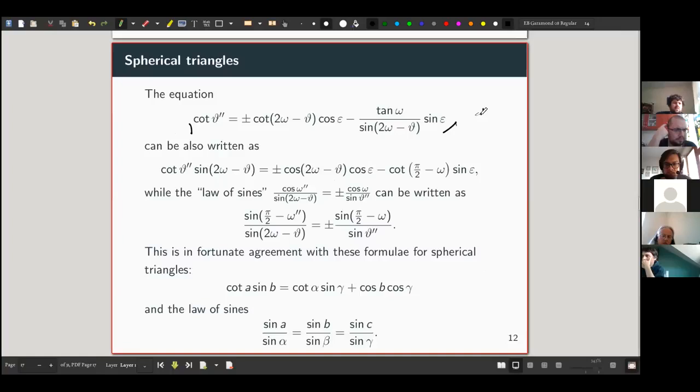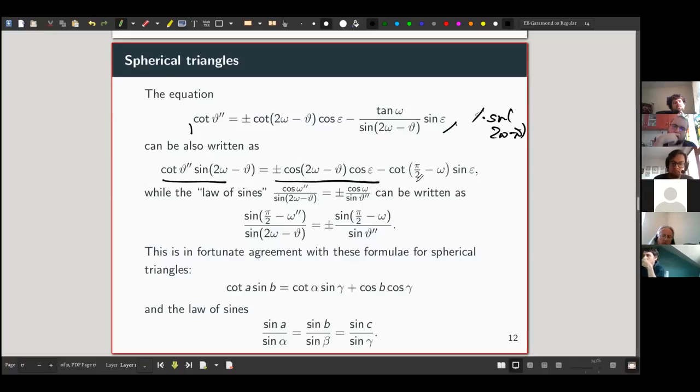When we multiply this by the sine of 2 omega minus theta, then we get this equation, and it's quite important because in spherical triangles, in the spherical geometry, there is a very, very similar formula for the spherical triangles, and it looks like this.